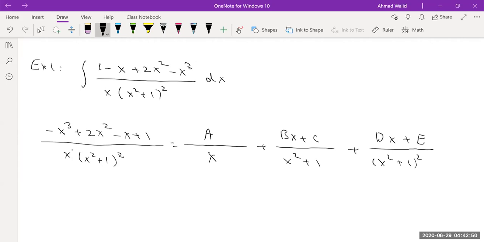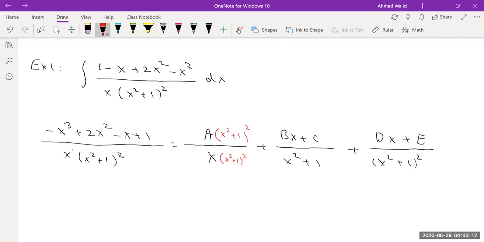Correct? Now, next step is the same. You have to make all denominators the same, right? To make the denominators the same, if you compare the first denominator with the left side, x squared plus 1 all squared is missing. You can multiply this one by x squared plus 1 squared.